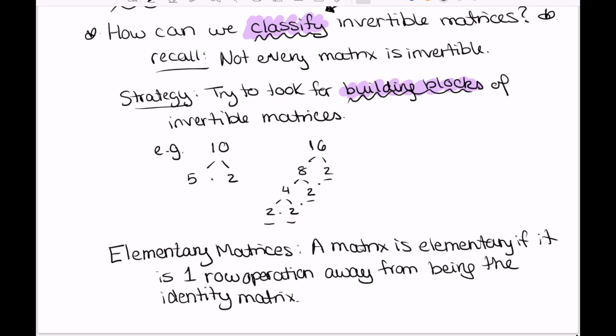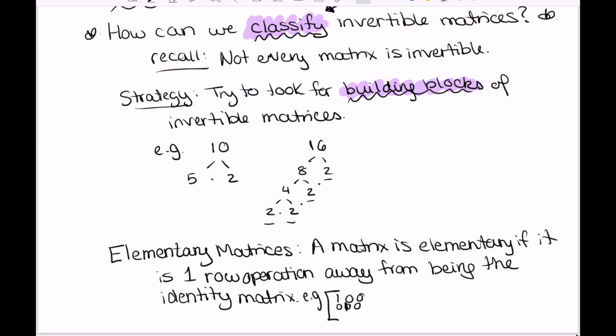To get an idea of what an elementary matrix might look like, let's start with an identity matrix and do a row operation. If we do a single row operation, we should end up with an elementary matrix, because we can do and undo row operations.